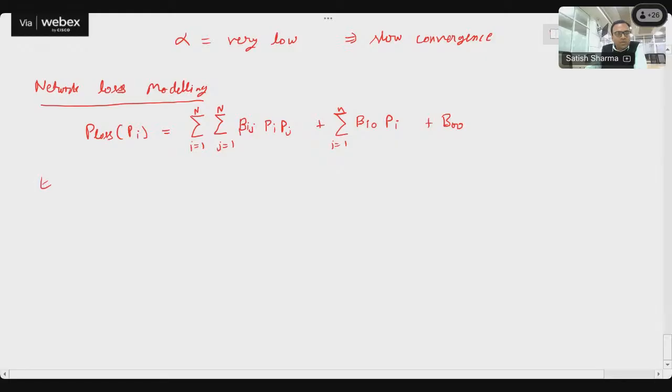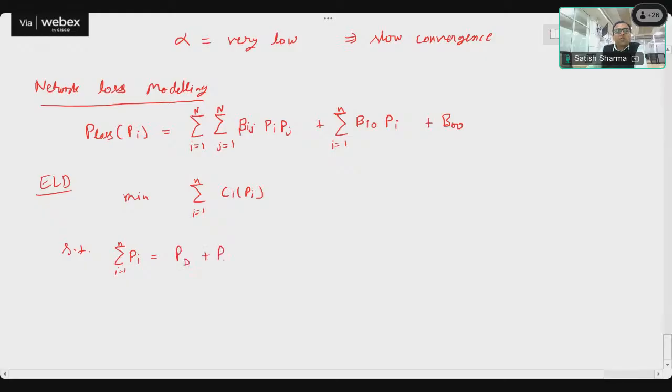So we can write down the economic load dispatch problem here again. It is minimization, summation over, again, i equals 1 to n, of Ci(Pi). So this is the total cost, subject to the power balance equation, the same equation. Summation of i equals 1 to n, Pi should equal P demand.